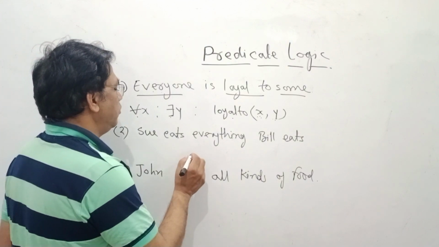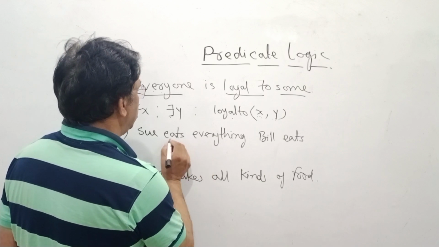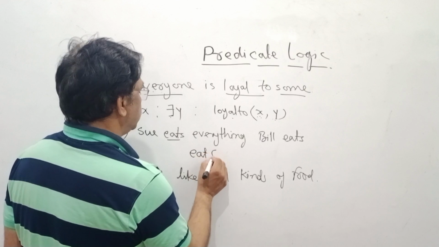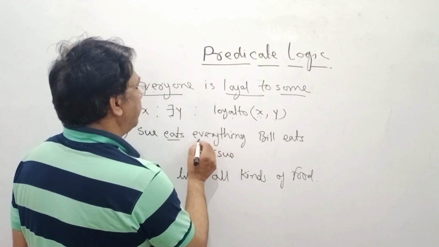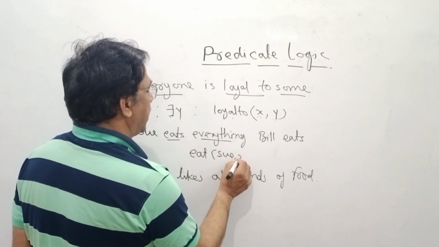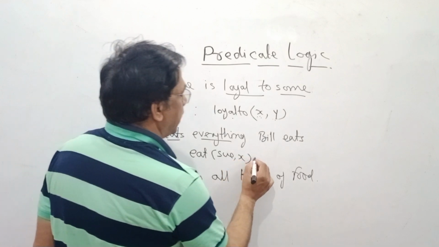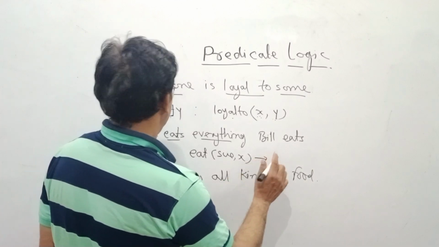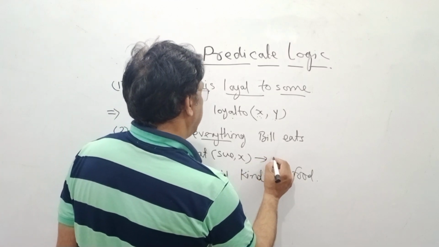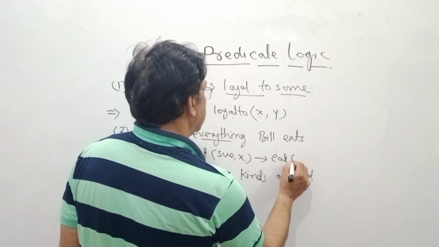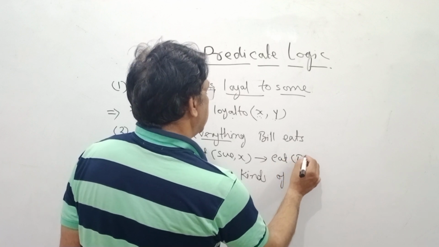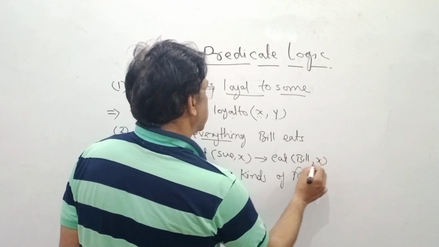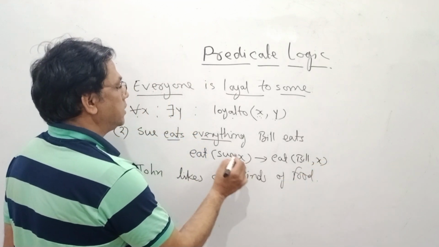Suppose eat is the relation, so you will write eat, Sue, and for everything I will put x. Then the relation can be defined with this arrow. I will write eat, then Bill, then comma x.